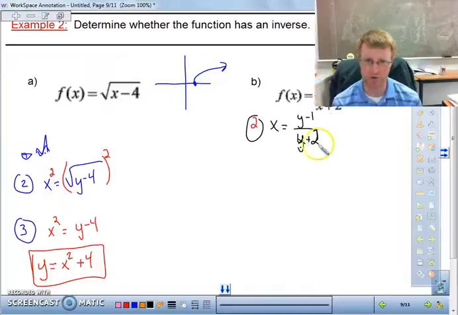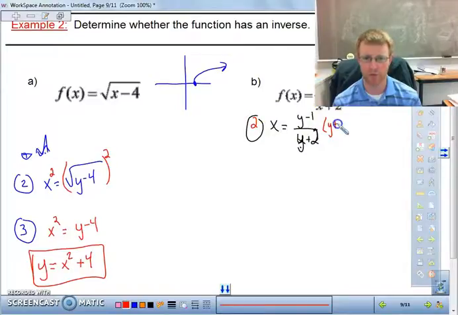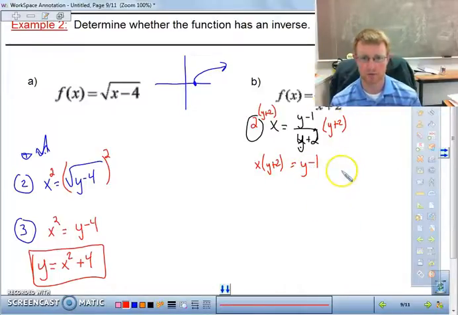So this becomes a little bit difficult because we have to isolate a y, and we've got a couple of them here, and you can't just cancel these out. So the first thing that we're going to do is we're going to eliminate the denominator. So we're going to multiply both sides by y plus 2. So what we will be left with is x times y plus 2 equals y minus 1. Still have y's on both sides, so we still have some issues.